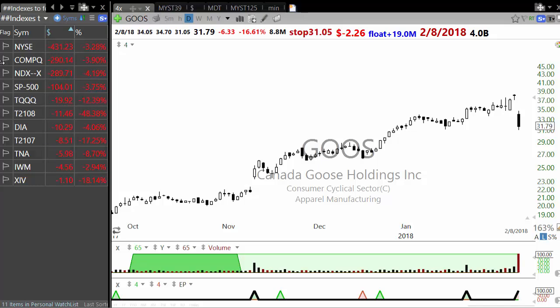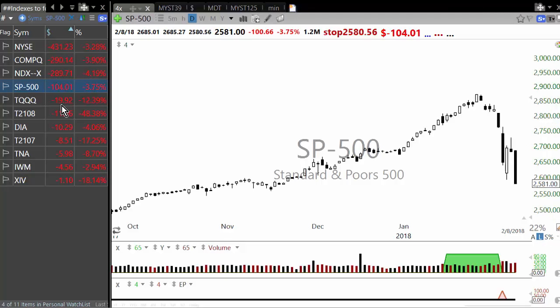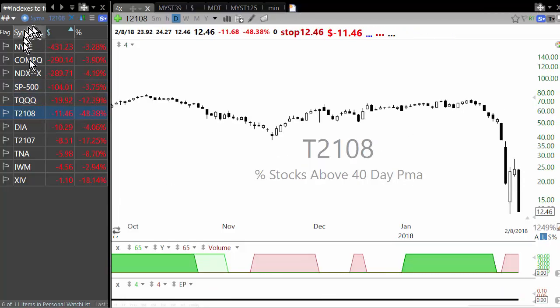So look for news plays and IPOs, don't go anticipation crazy, and look for something with very strong volume. If you trade low volume stuff during this time, it's not going to work. You need something heavily liquid.